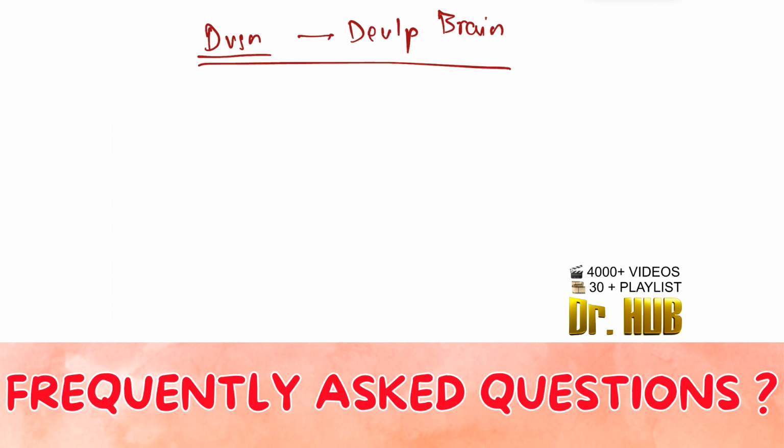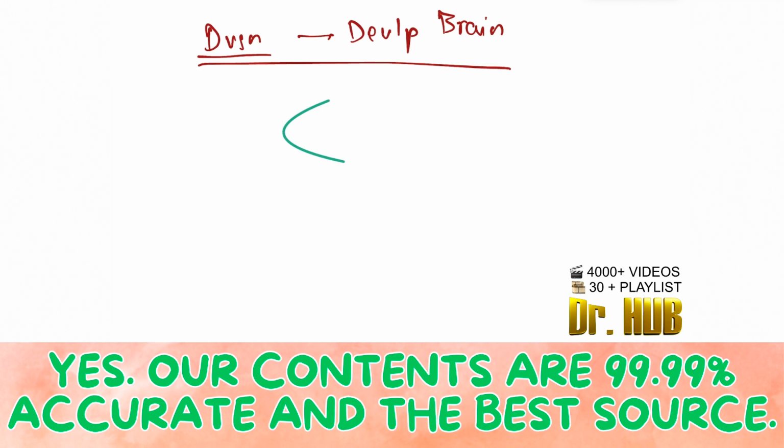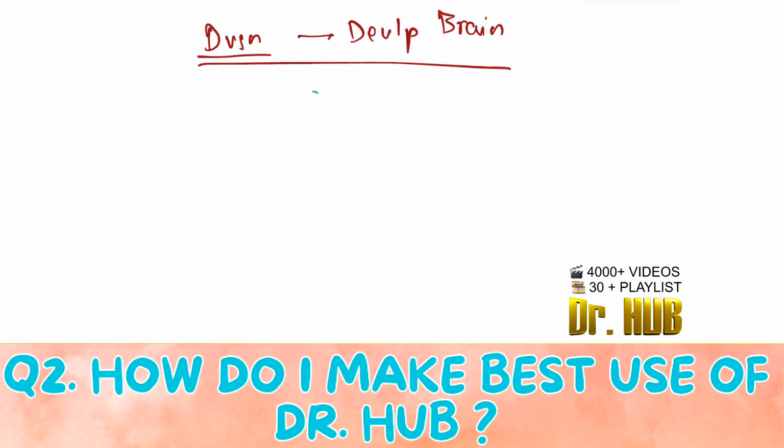So to begin with, let's have a rough diagram. In the encephalon, there is a proencephalon, a mesencephalon, as well as a rhombencephalon. So let's draw it. Proencephalon, mesencephalon, as well as the rhombencephalon.